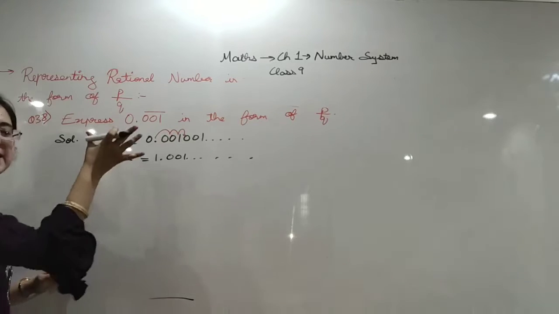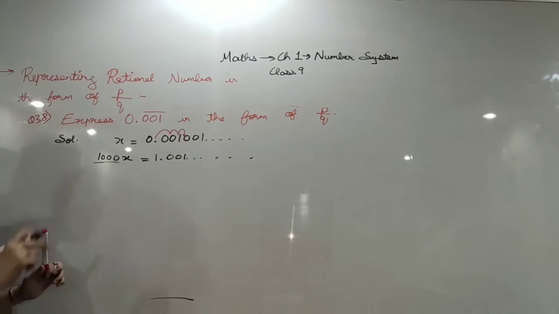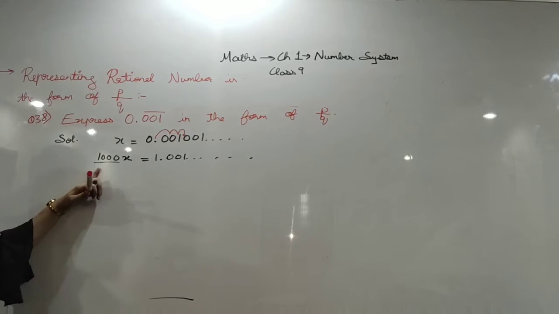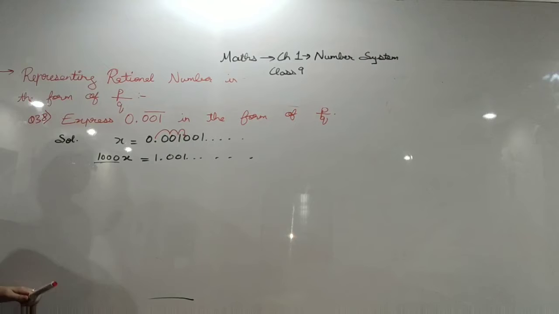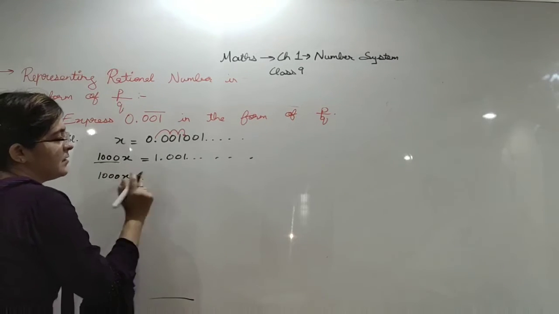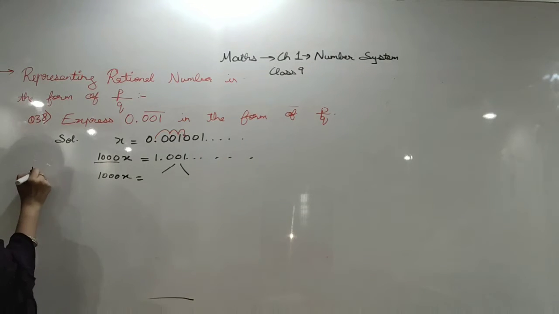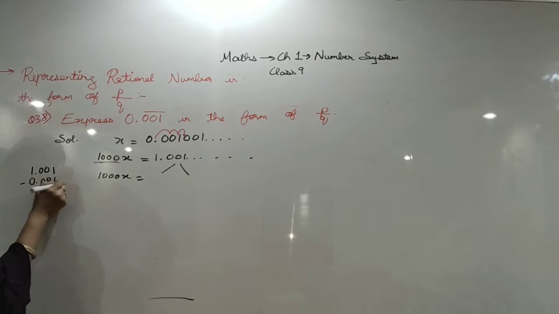Now the procedure is same, students, only you have to take a look towards this. By what number we have to multiply in the second step? Only that is changed, the rest everything is same. Now we have to split it into two parts. How we will do? Subtract this minus this. 1.001 minus 0.001. What we will get? 1.